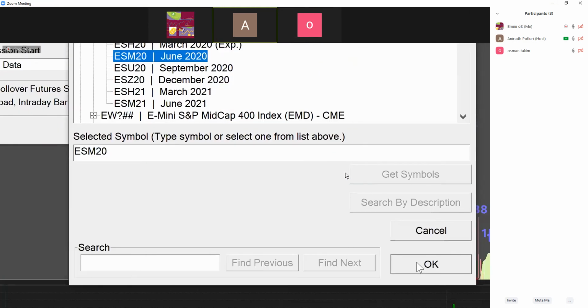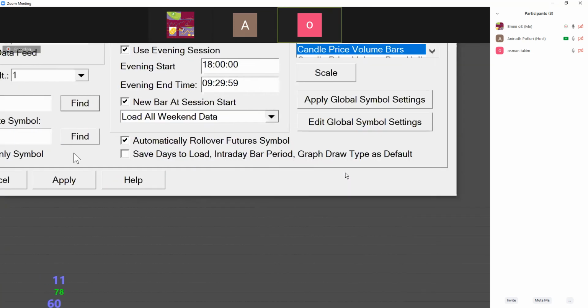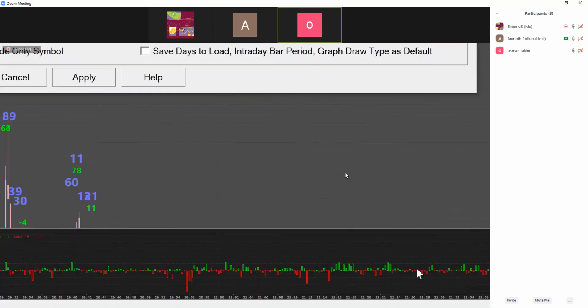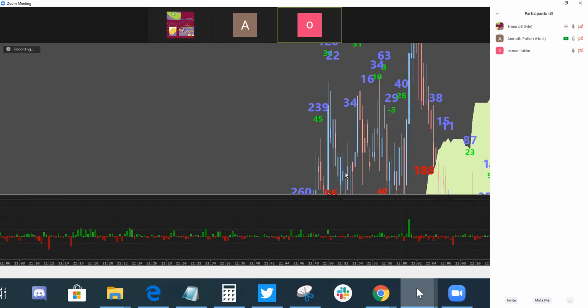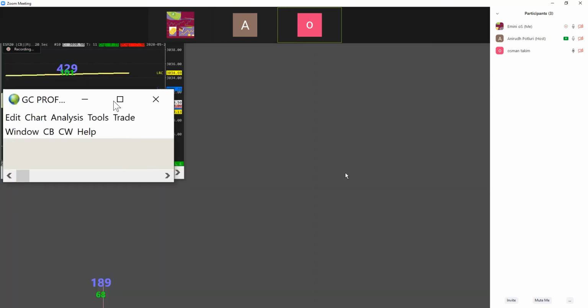No, it actually rolls over the contracts automatically. You'll get a message that says, "Do you want to roll over the contracts automatically?" You see, it automatically rolls over futures. Yeah, that's for gold.